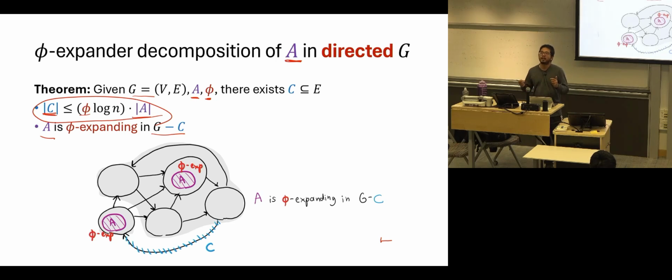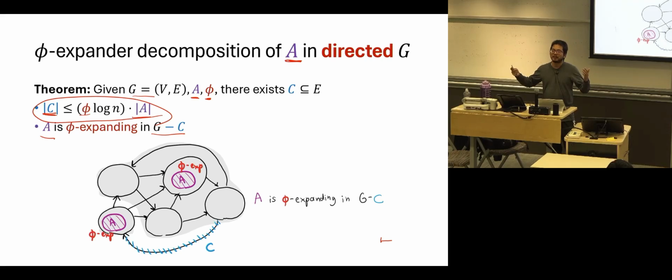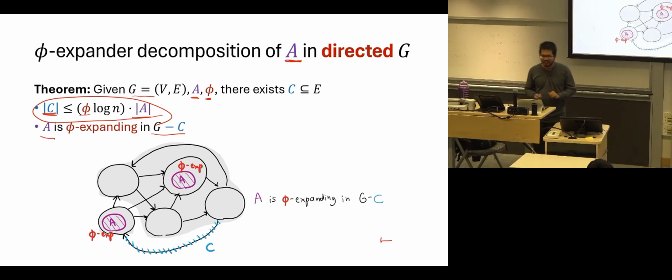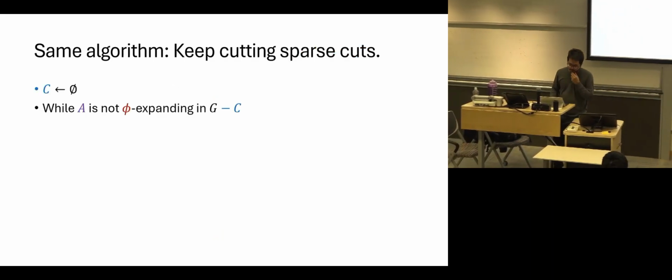But I would say the intuition for why it should be small is just because we cut along a sparse cut, so we cut few things each time. Okay, so that's the algorithm, right? And now in the directed graph, it's actually going to be the same algorithm.